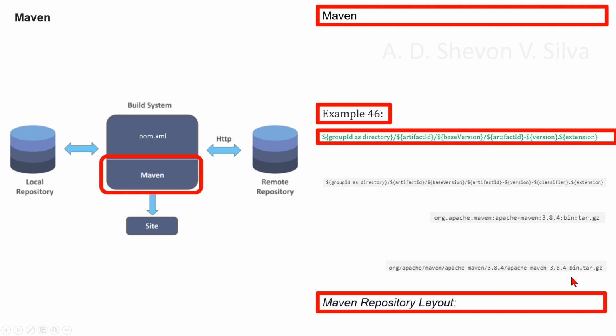The full-blown timestamp versions are used in remote repositories when the artifact is deployed. So this is the full tar file.